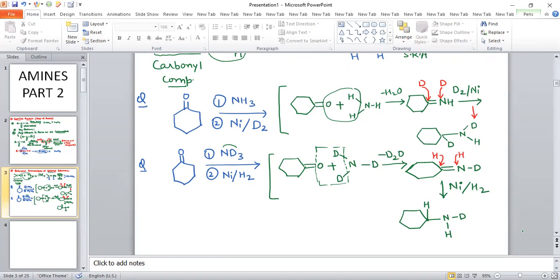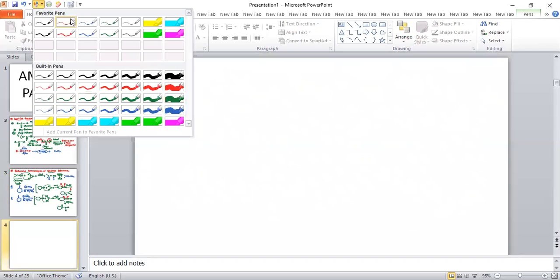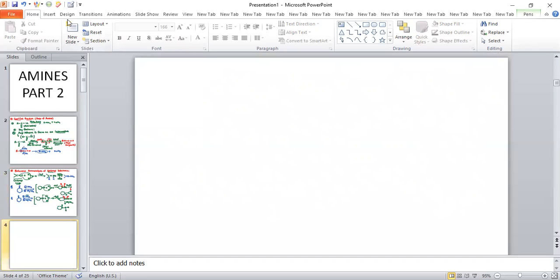Now we can also prepare amines by using decarboxylation reaction. So decarboxylation of alpha amino acid will also give amines. So the next topic I am going to discuss is decarboxylation of alpha amino acid.